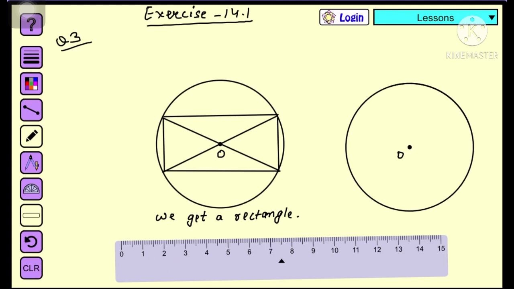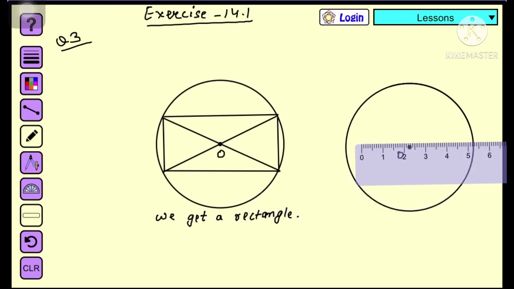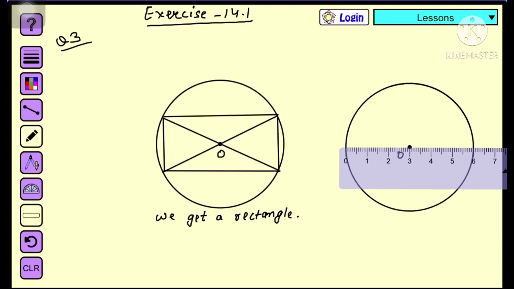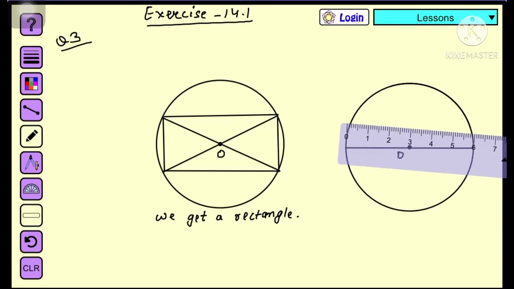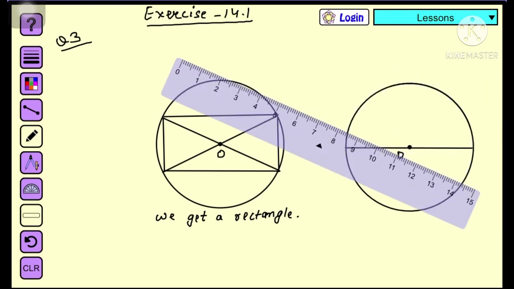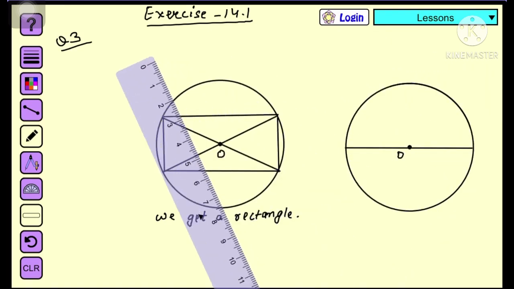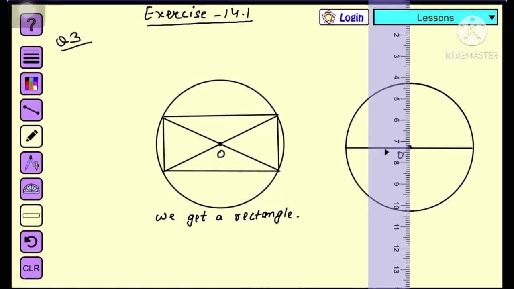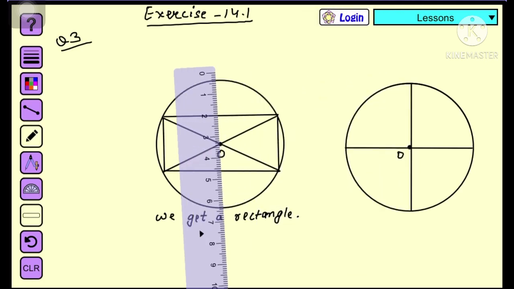Now we have to draw the two diameters perpendicular to each other. So let's draw it like this. One, and the second one we will draw just perpendicular to it. Like this we can draw both.